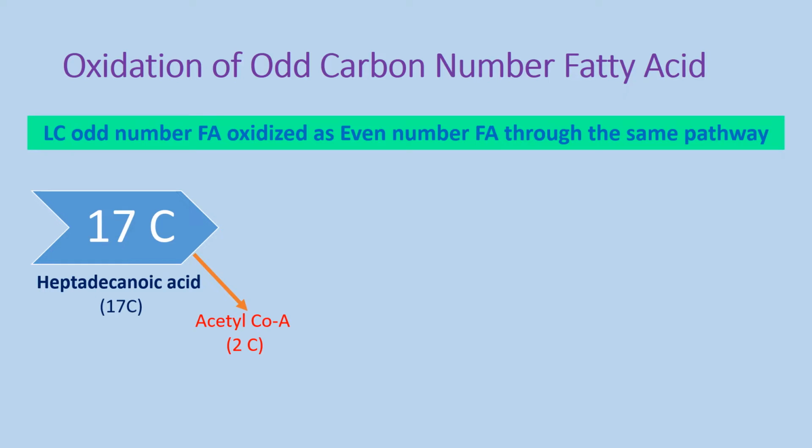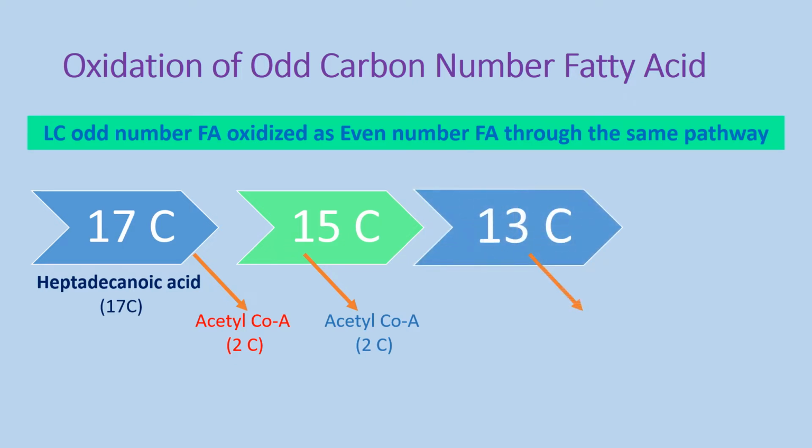The leftover 15 carbon acyl-CoA then enters again the beta oxidation process, and it releases 2 carbon acetyl-CoA, and then there is a 13 carbon acyl-CoA. It undergoes all 4 steps of beta oxidation, and through repetitive beta oxidation cycles it releases 4 acetyl-CoA.